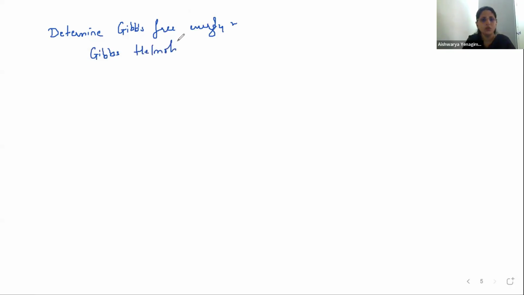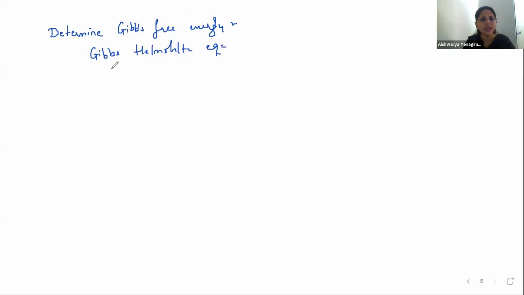Is that right? Now the third part is to determine Gibbs free energy using the Nernst equation. In class 11 thermodynamics, we studied something called the Gibbs-Helmholtz equation.